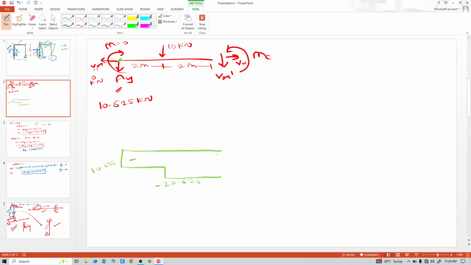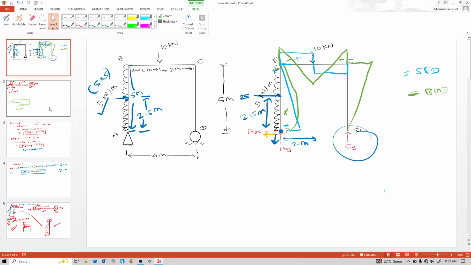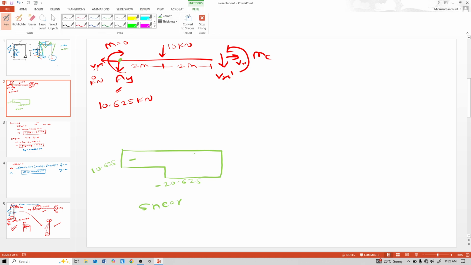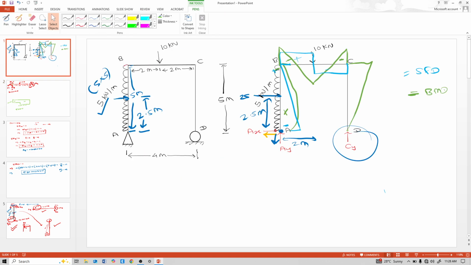So our calculation is correct. So this is the shear diagram for this. Now calculate for this CD.